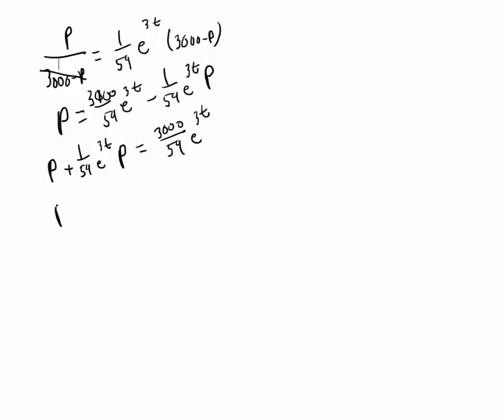Then I can factor out a P, and that gives me 1 plus 1 over 59 e to the 3t, equals, the other side will stay the same.